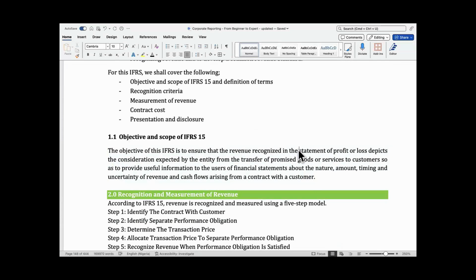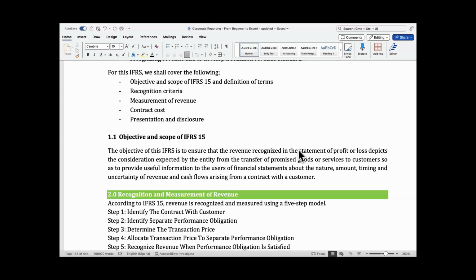That sentence shows that what we want to see as revenue in your books should be the money you're expecting from the services you have delivered. If you have not delivered a service, if you have not delivered a good, you cannot recognize revenue. That is the core principle.